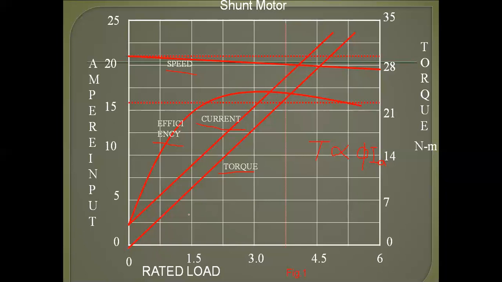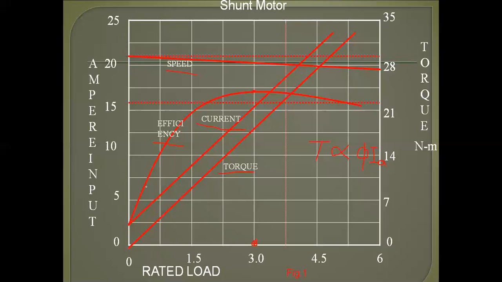The armature copper loss varies as the square of the current, I squared R. So this loss, termed as variable loss, increases rapidly with increasing load. The efficiency of the shunt machine becomes maximum at the point where the variable loss is equal to the constant loss.